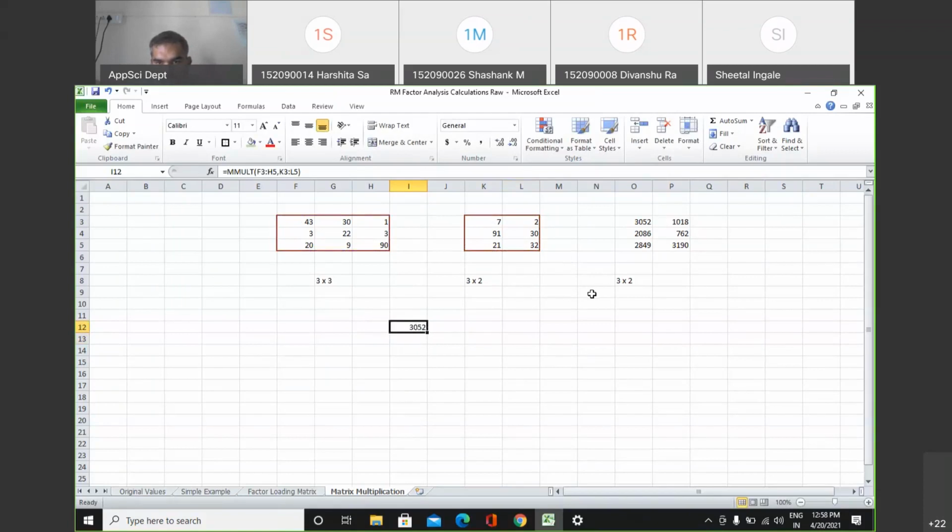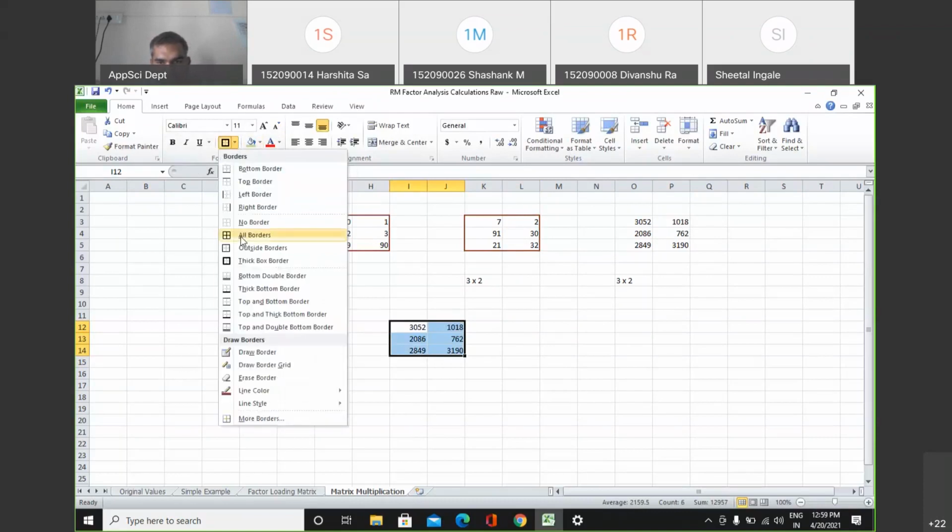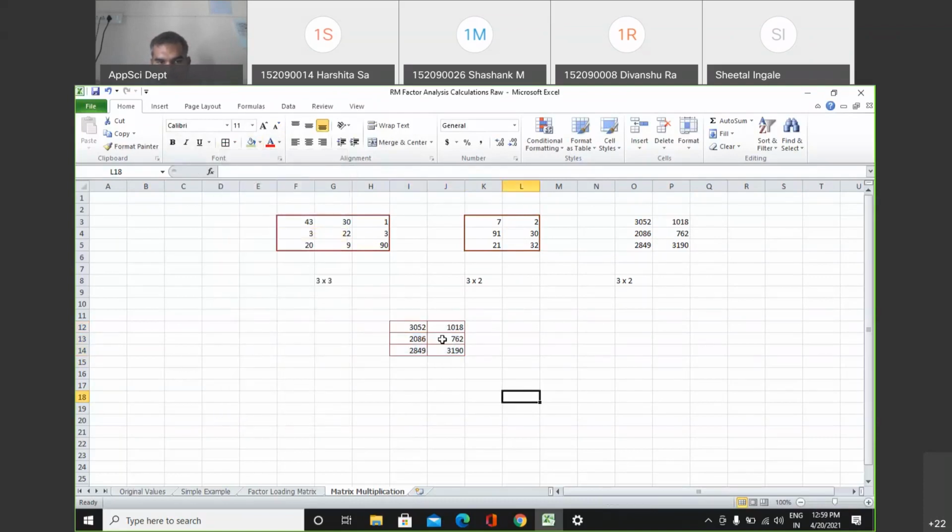It is going to be 3 by 2, so 3 rows and 2 columns. Then we put F2 and then there is a command, Control Shift Enter. So it actually gives this matrix. I affected it earlier, so you can check the values which are the same. So this is the product matrix.